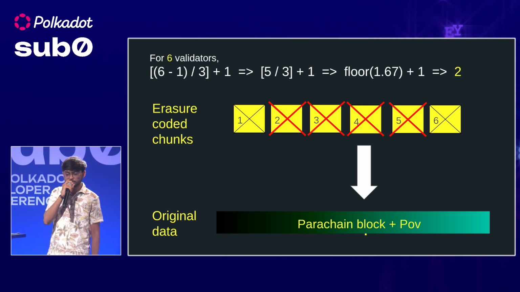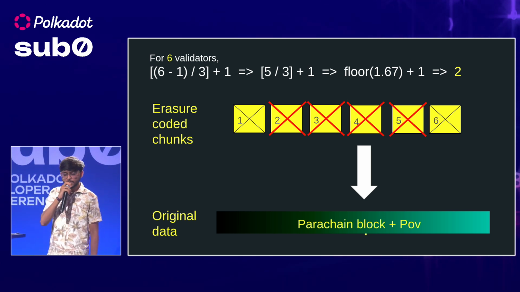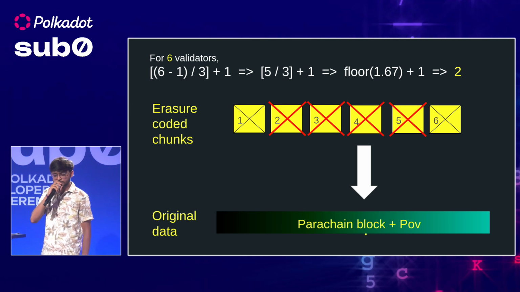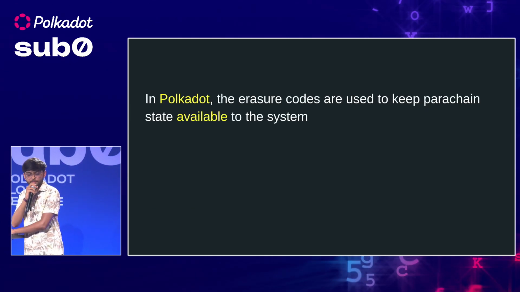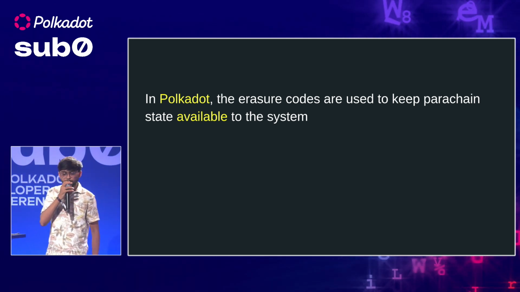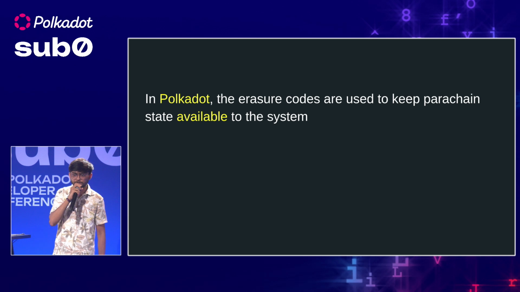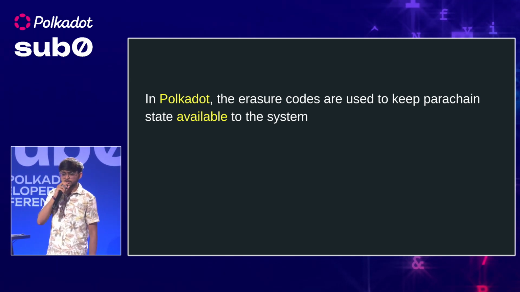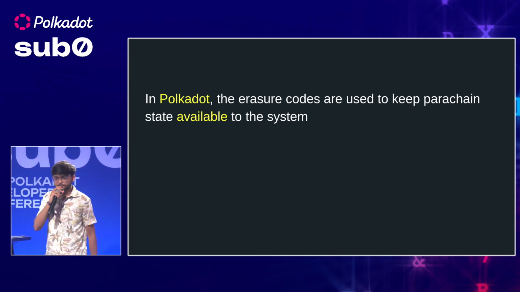If we get these 2 fragments of erasure coded chunks, we will be able to regenerate the original data, which is the parachain block and proof of validity. In Polkadot, erasure codes are used to keep parachain state available to the system without keeping tabs on all the parachains.